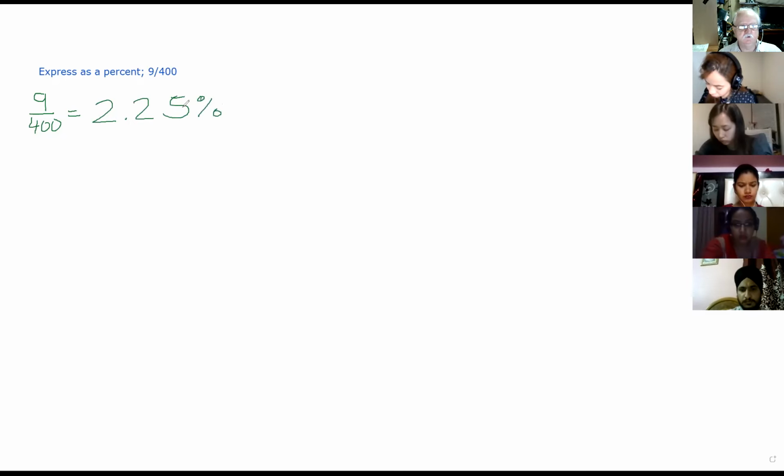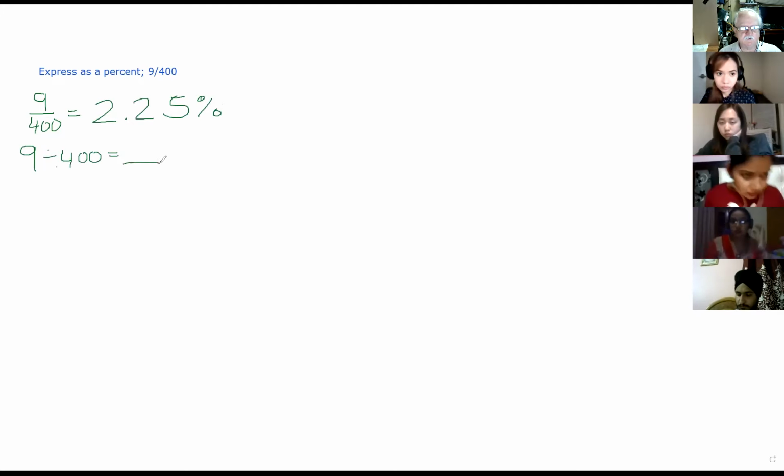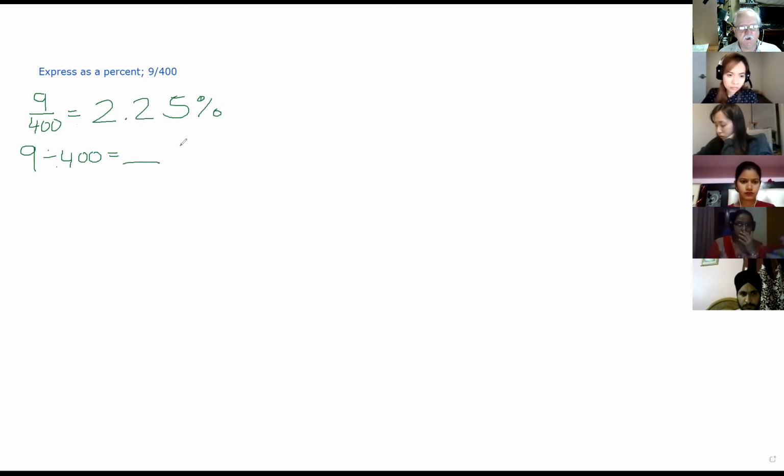2.25%. So what I did was 9 divided by 400 equals something. And then when we get rid of a percent sign, we divide by 100, but now we're going to multiply by 100. And we get 2.25%.